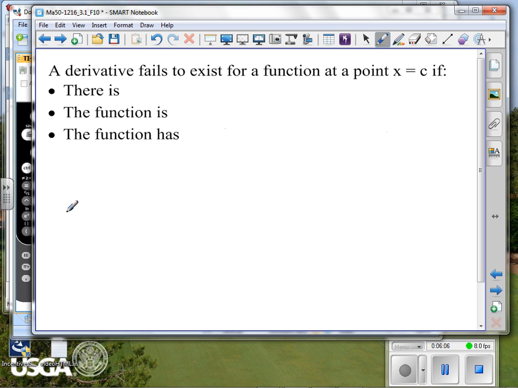It's just the name of it. So now, the idea here is we have 3 ways that a derivative fails to exist. We found one. If you don't get the name of it, just remember that there's a very sharp turn.